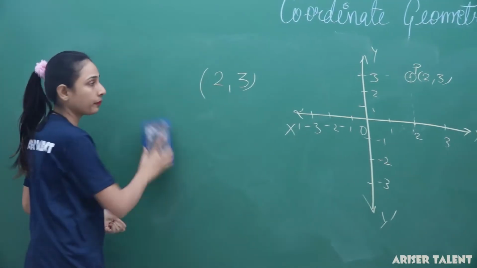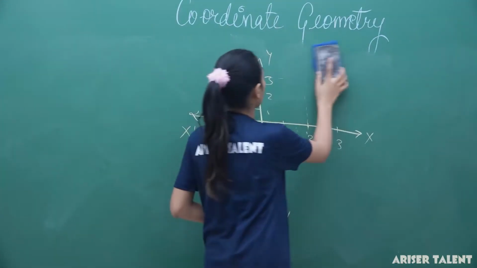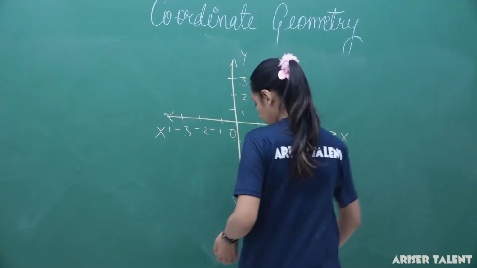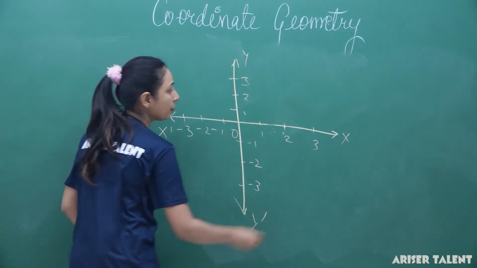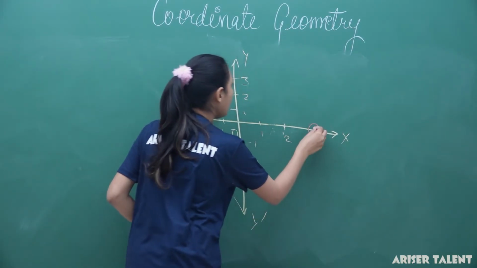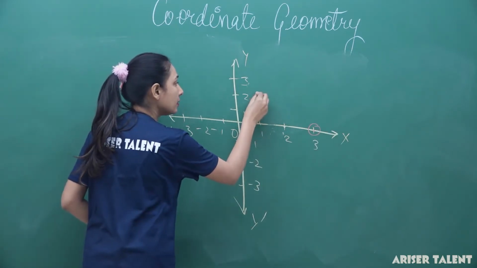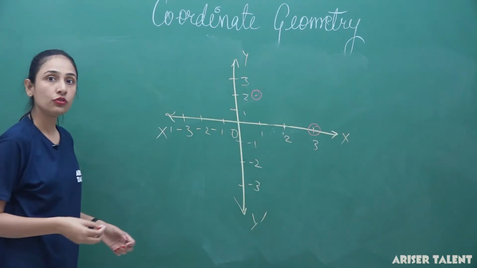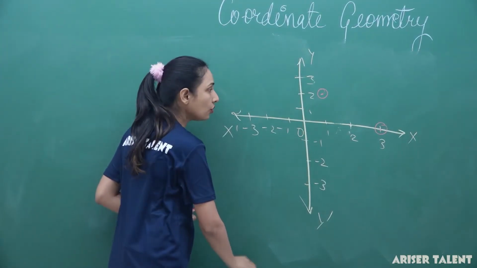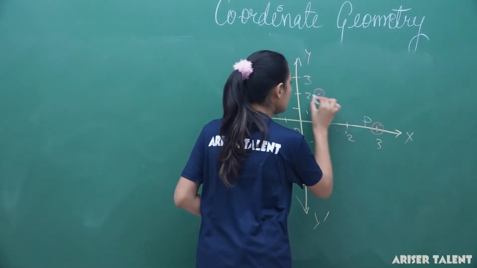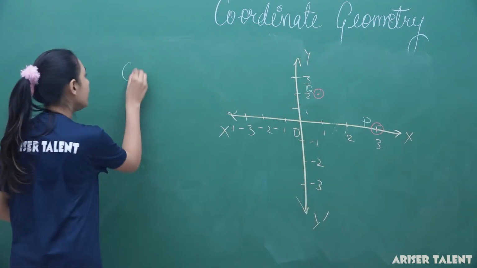The second thing: if you are having some point given here, let us suppose here you are having some point, now you have to write it in the form of abscissa and ordinate like in Cartesian coordinates. So, if this point is P and this point is Q, how will you write Q?